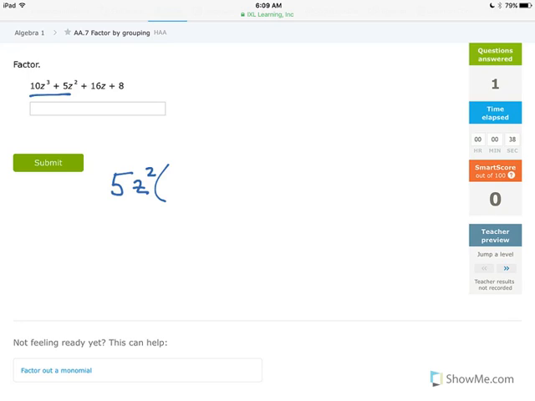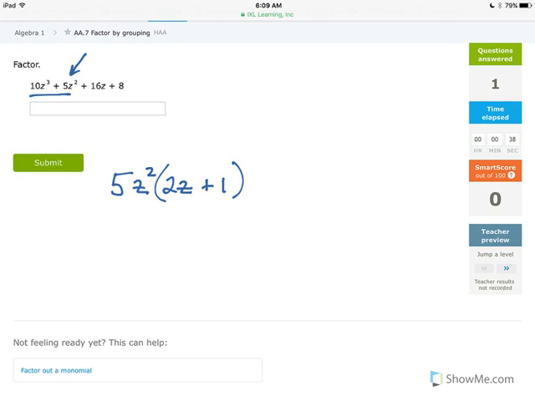You would need a 2, because 5 times 2 gets you your 10 back, and you would need a z, because z squared times another z would be your z to the 3rd, plus what's left behind here. You factored pretty much everything off, so you're just left with a 1 here. So 5z squared times the 1 would get your 5z squared back if you multiplied that back together.